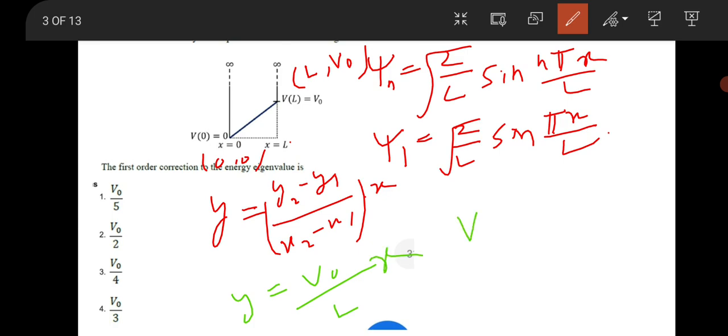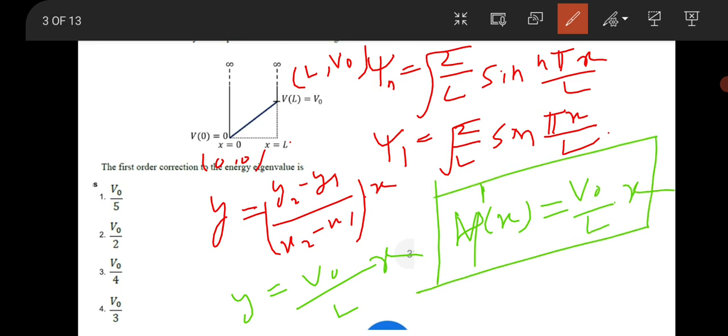This is the equation of the given perturbation, that is, the perturbed Hamiltonian H prime is equal to V naught by L into x.